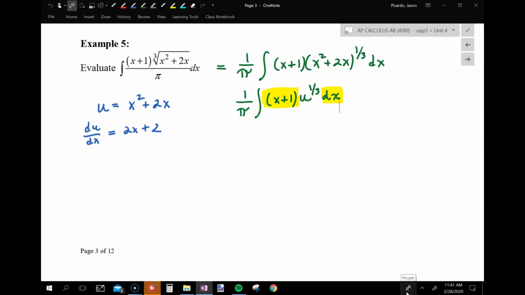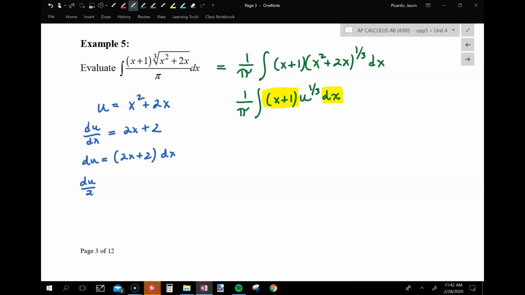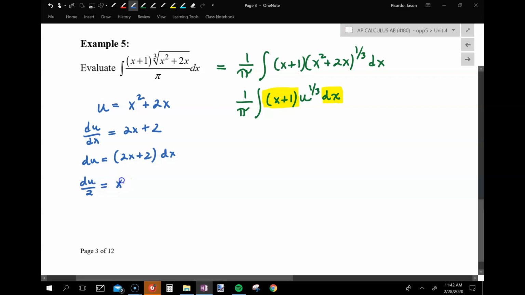Okay, so Brandon wants to move dx over. Brandon wants to divide by 2. Okay. When I divide by 2, what do I get? Equals x plus 1 dx.